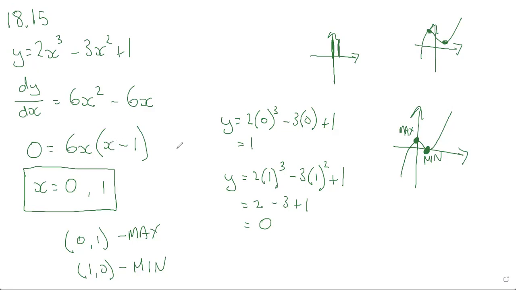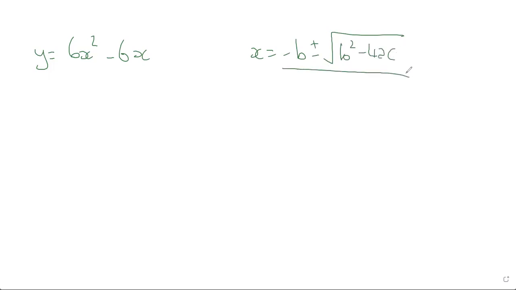You know what, I'm going to do this with the quadratic formula just to prove a point. Okay, I'm going to save this and clear it. So the formula was, oh, this is what we ended up with, right? 6x. So remember, our quadratic formula is negative b plus and minus the square root of b squared minus 4ac all over 2a.